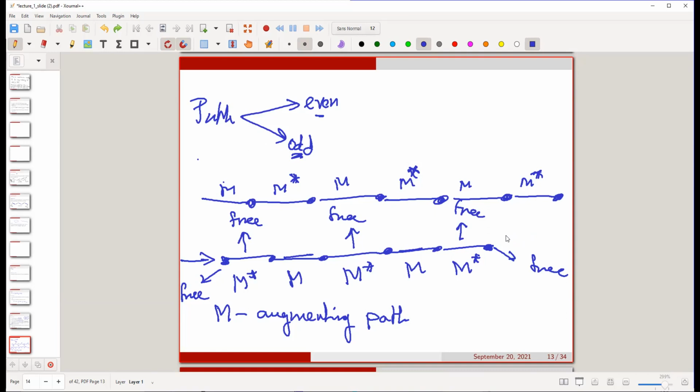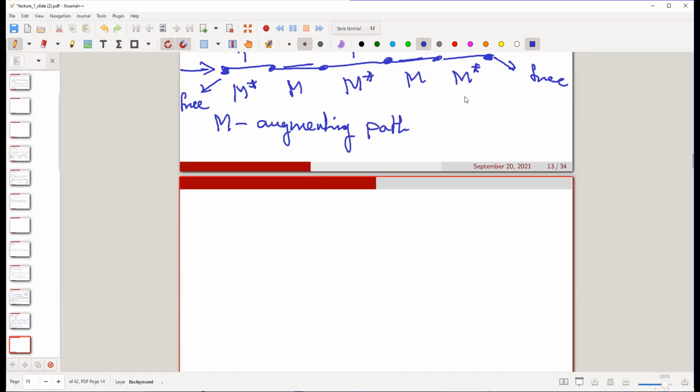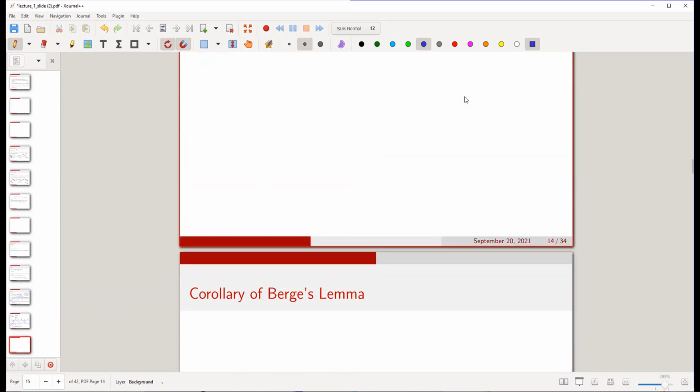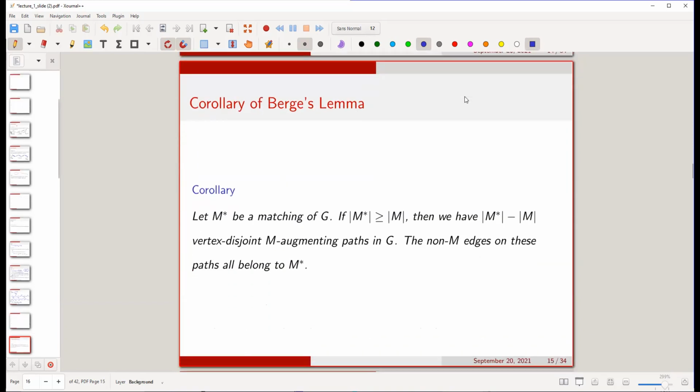Any more questions here? If there are no more questions, then maybe anybody wants to try this corollary of Berge's lemma.